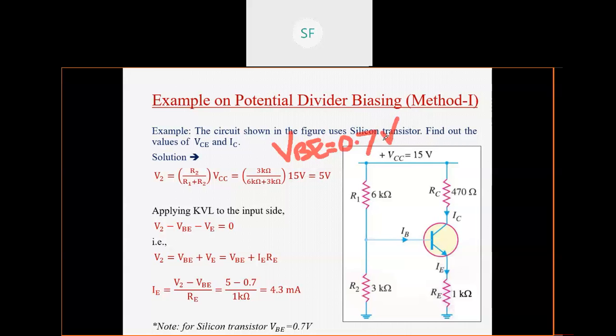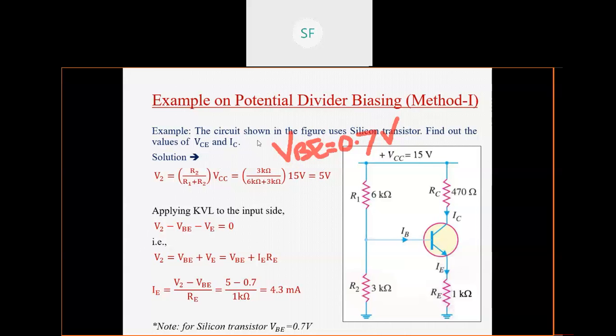If it is not given then you have to use this value by default, VBE equal to 0.7 volt in case of silicon. In case of a germanium transistor, VBE is 0.3 volt. Okay, so for the silicon transistor, find out the values of VCE and IC.